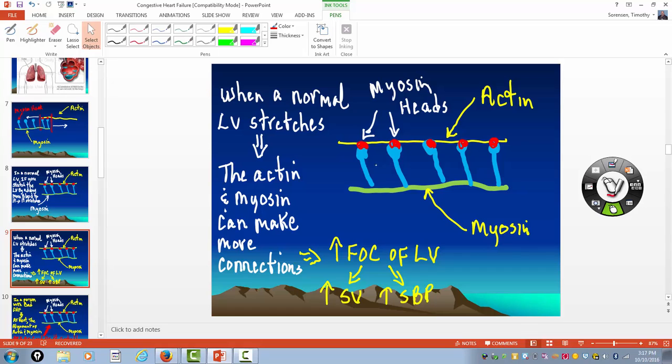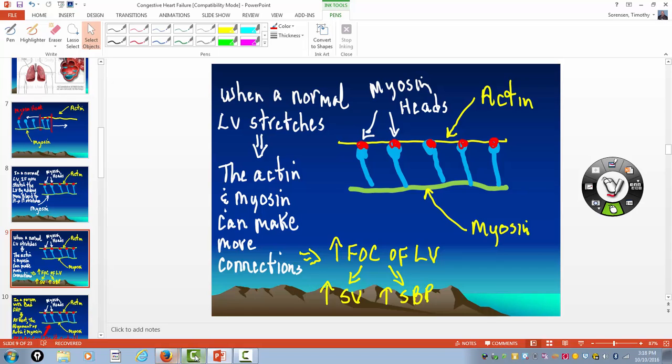You're going to make more connections, and that's going to cause the force of contraction of those ventricles to increase. And when you increase the force of contraction, the ventricles are going to eject more blood, so the stroke volume is going to go up, and the pressure with which that blood is ejected is going to go up. So your systolic blood pressure is going to go up.